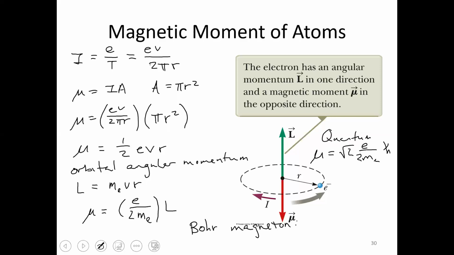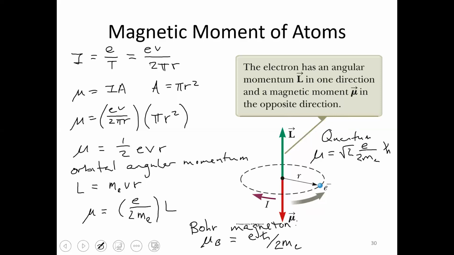So the Bohr magneton, we usually use a subscript B with that mu, and it is e times h bar, which is just Planck's constant divided by 2 pi, so it's just a number, divided by 2 times the mass of our electron.